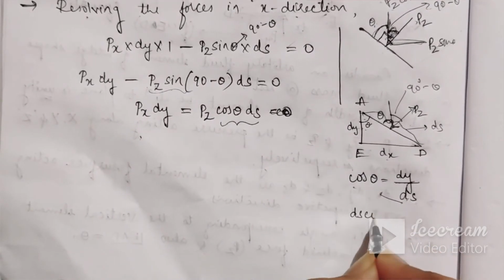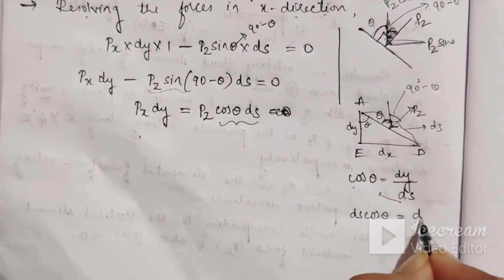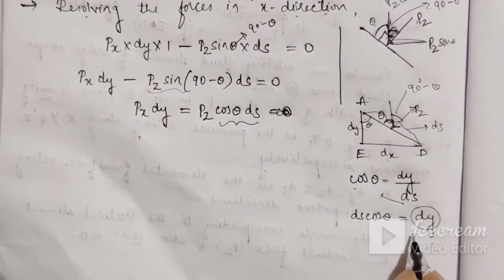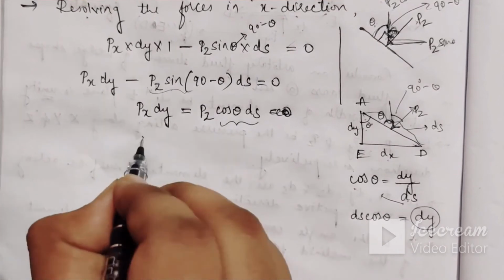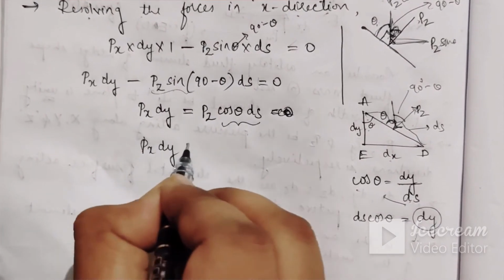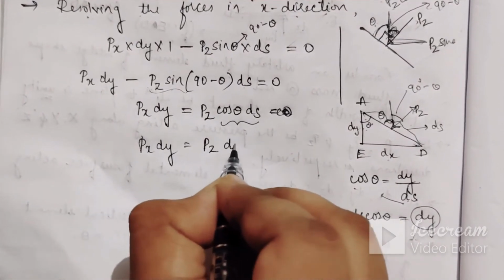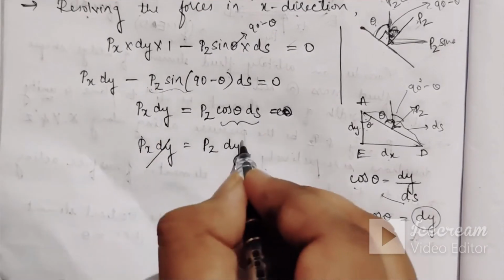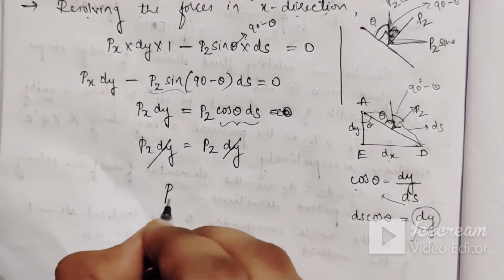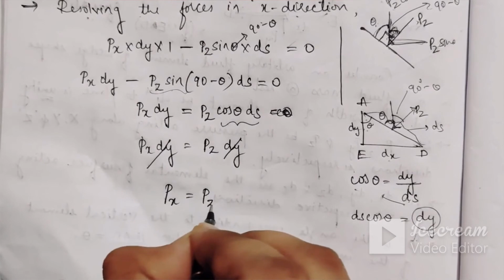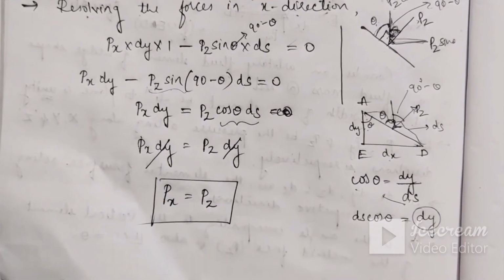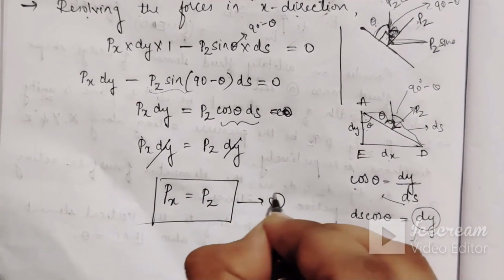So ds into cos theta is nothing but dy. So from this term, px into dy is equal to pz into dy, this dy cancels, so px is equal to pz, equation number 1.